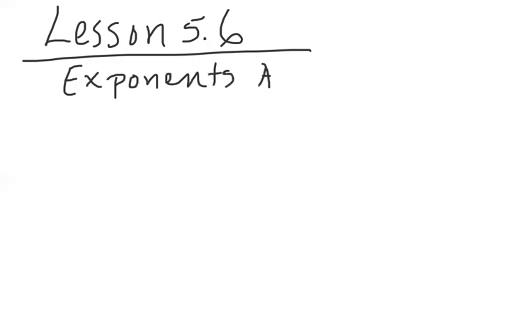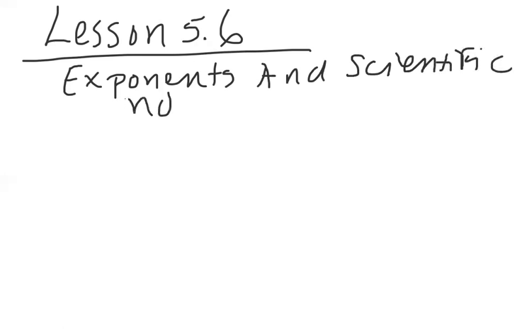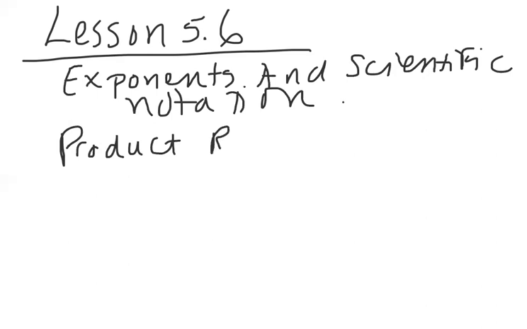All right, guys. So we're going to go ahead and get started with some rules of exponents. So we've got the product rule. Product means multiplication. And the product rule basically states this.